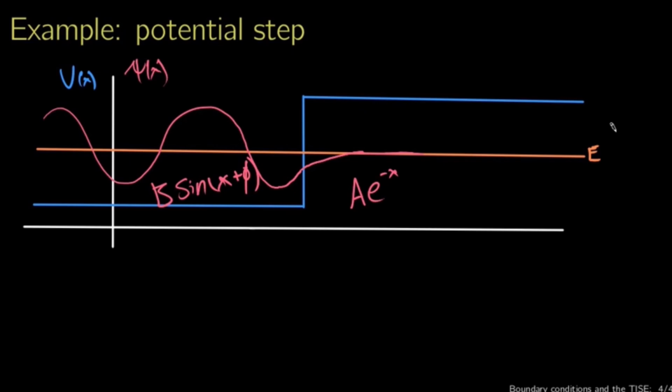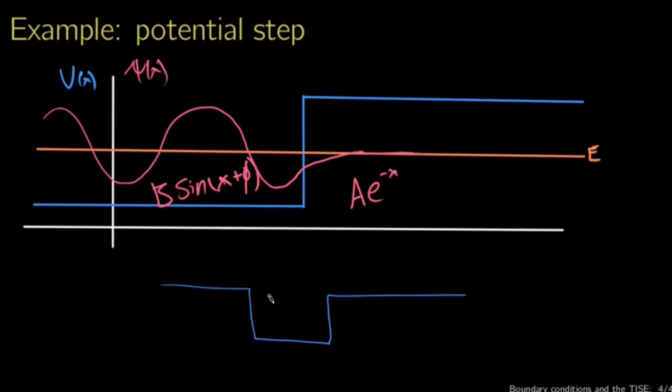We'll have to have the right value of the energy, the right normalization of our sine function, the right relative position of our sine function, and the right relative amplitude of our exponential function. We'll discuss this in excruciating detail when we get to the finite potential well, where essentially we have 2 steps, and we're curious what sort of states we can have that are confined to the space.